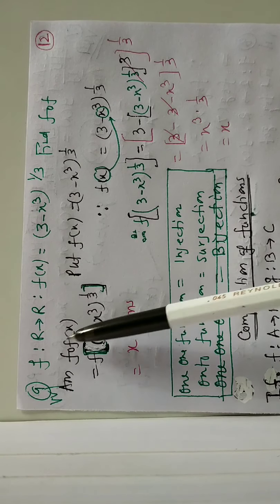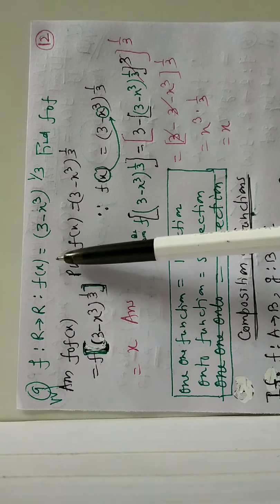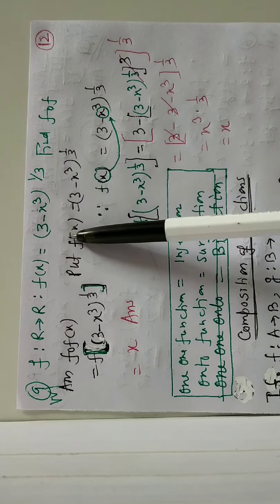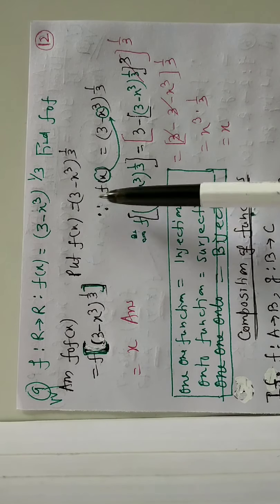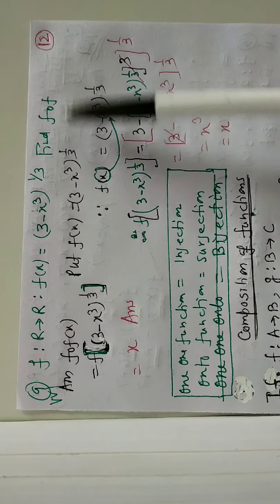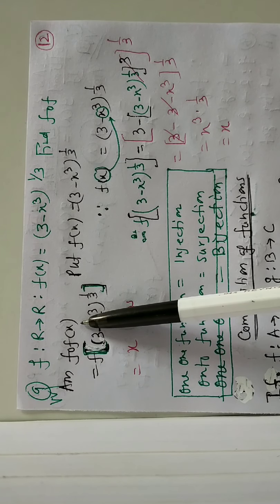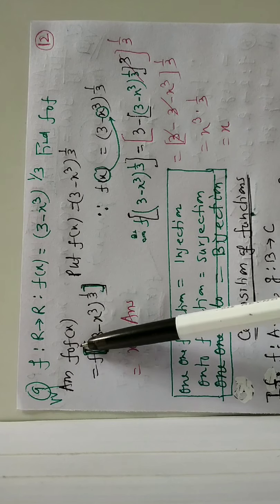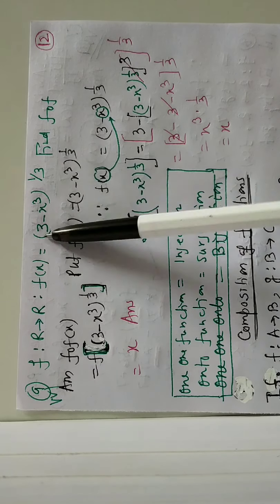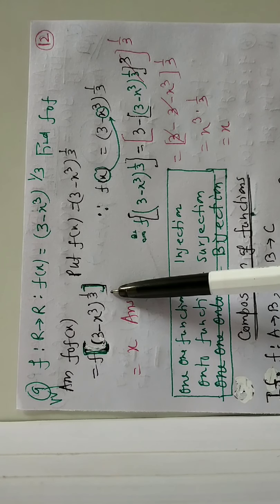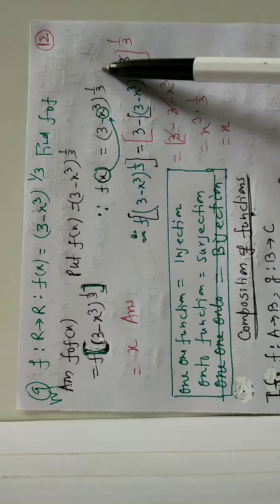Again, 9th number, f is a function from R to R. f(x) is equal to this. The simplification is complicated, so be careful. Find f of f(x). We find f with respect to x. Put f(x) is equal to this, given already, so this. Now f(x) is equal to this.